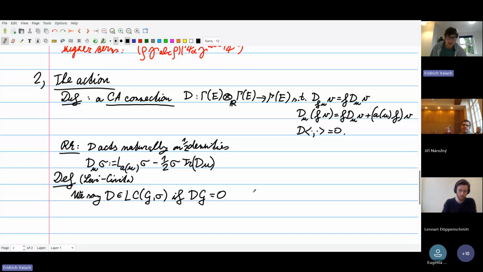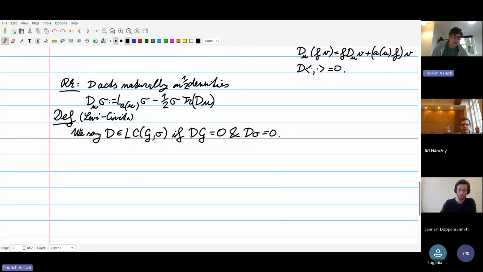It preserves the generalized metric as an endomorphism, and also it annihilates the sigma using this formula. And now the important claim here, which essentially follows from studying the representation theory, and I think is due to Mario Garcia-Fernandez, is that such things actually always exist. So this space is non-empty.